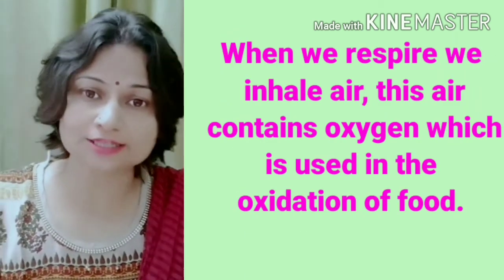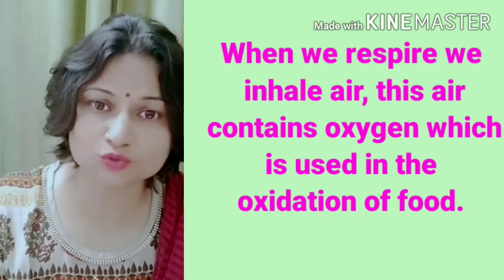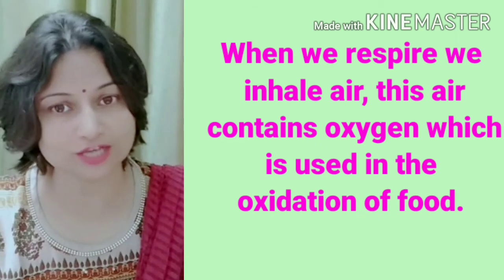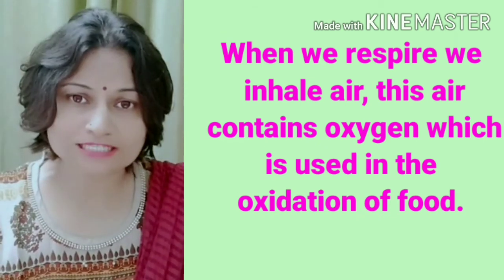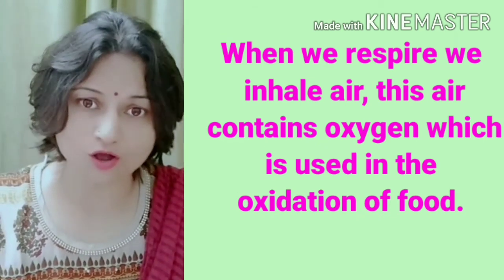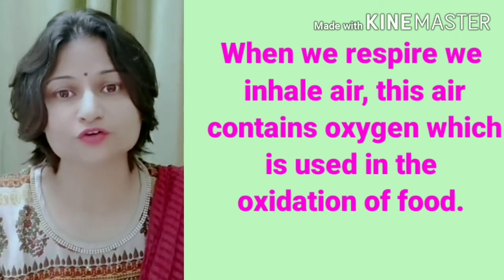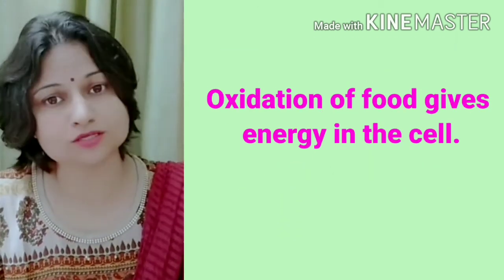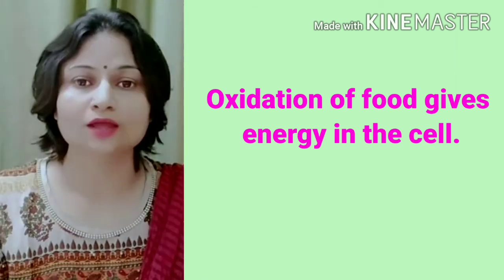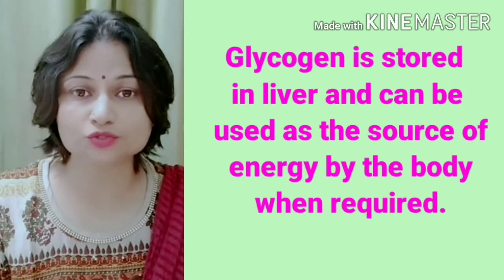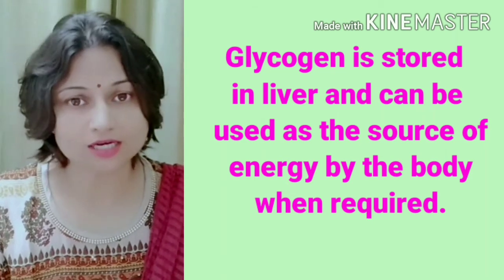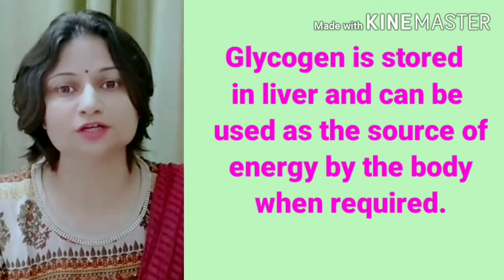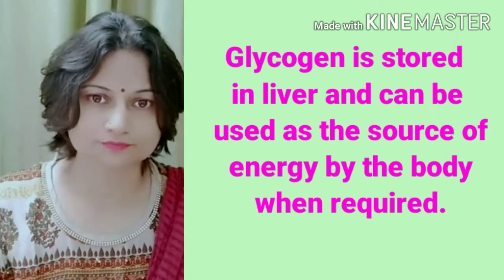The oxygen in this air is used to oxidize the food particles and give out energy. The oxidation of this digested food releases energy, and this energy helps us to do our day-to-day work. If there is unused glycogen, then it is stored in the liver so that it can be used whenever required.